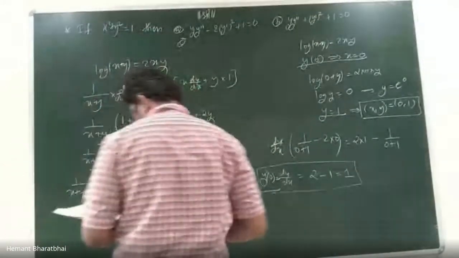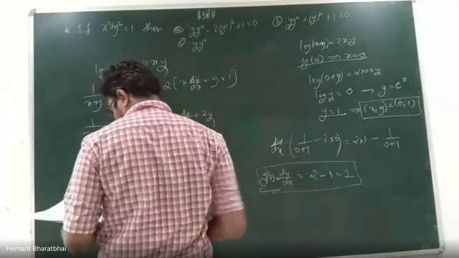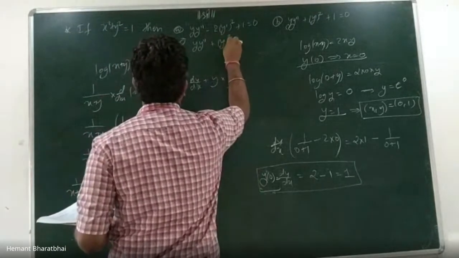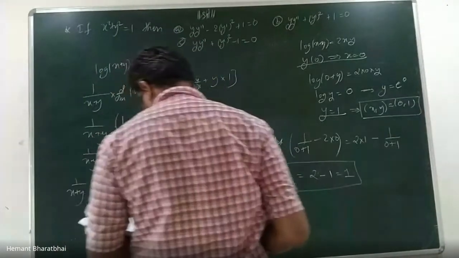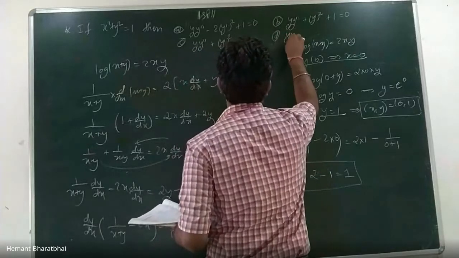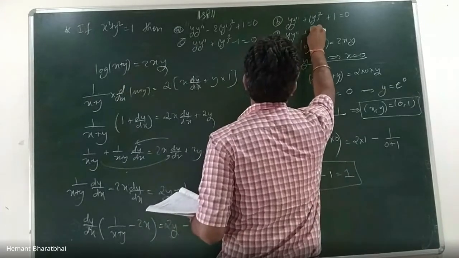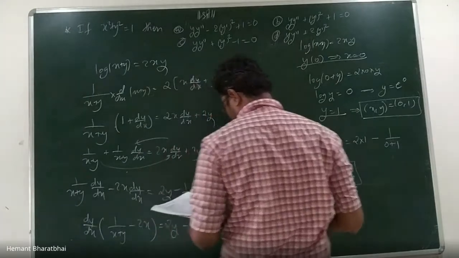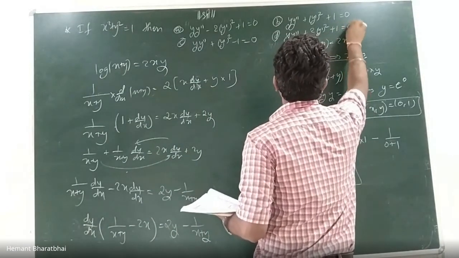Option C, y double dash plus y dash the whole square minus 1 equals to 0. Option D, y double dash plus 2y dash the whole square plus 1 equals to 0.